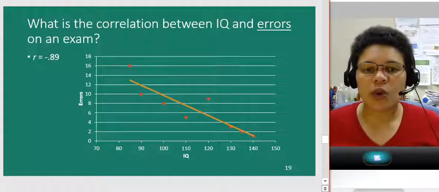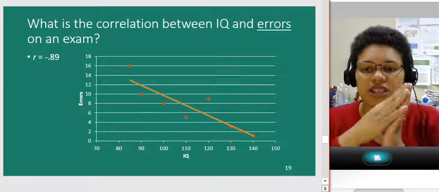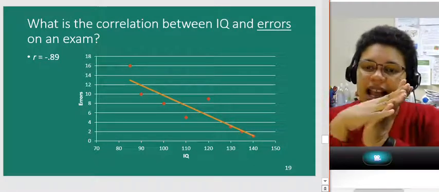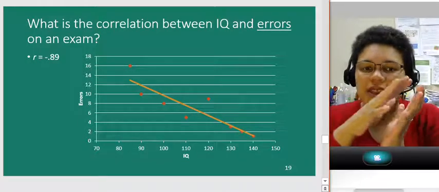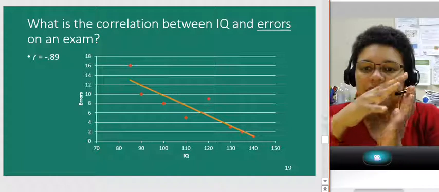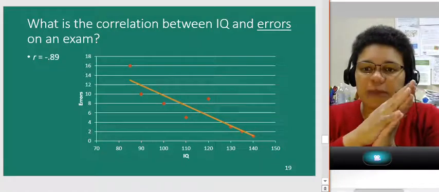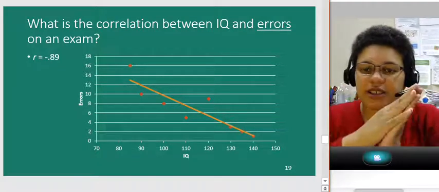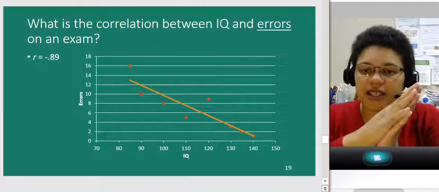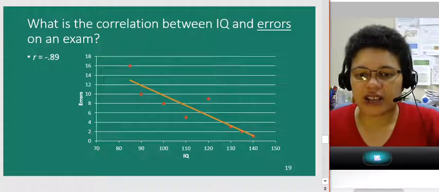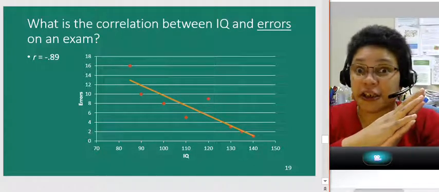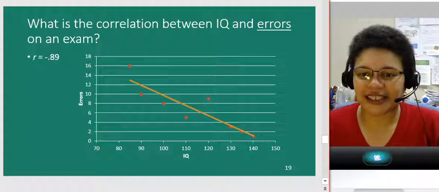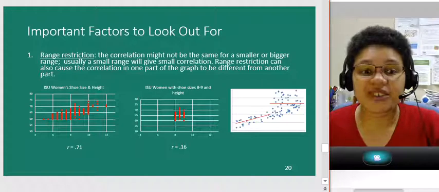With the correlation, we're looking at the direction of which way the line is going, but we're also looking at how close the dots are to the line. How much scatter there is, how strongly they're attached to the line. Is that line strong or is it weak? Important factors to look out for.